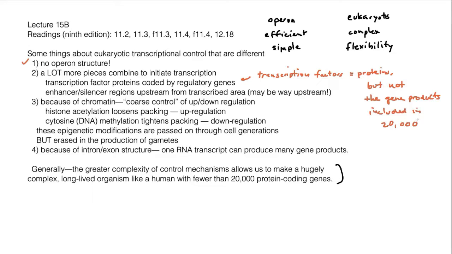That number 20,000 I gave you before is the number of protein coding genes. We're not including the regulatory proteins, the transcription factors and activators, and all the other things that might be there, because we haven't really characterized those well enough to include them. Right?